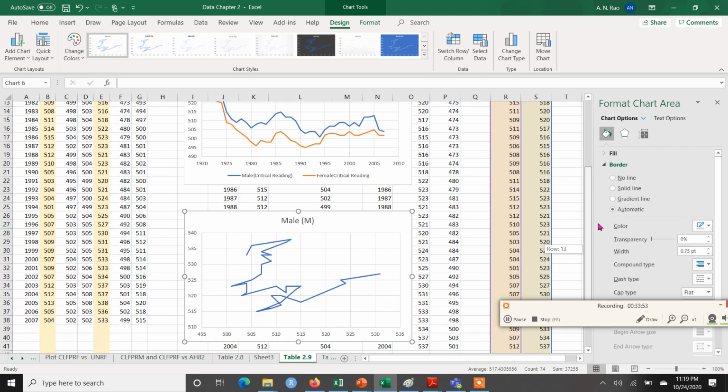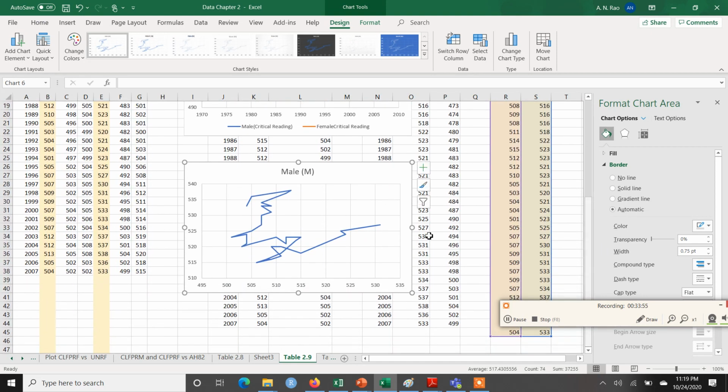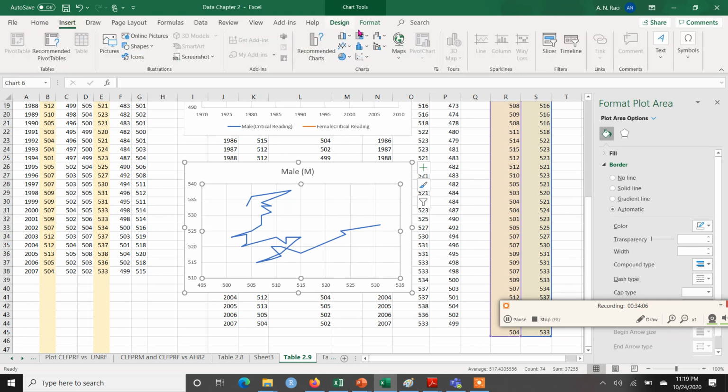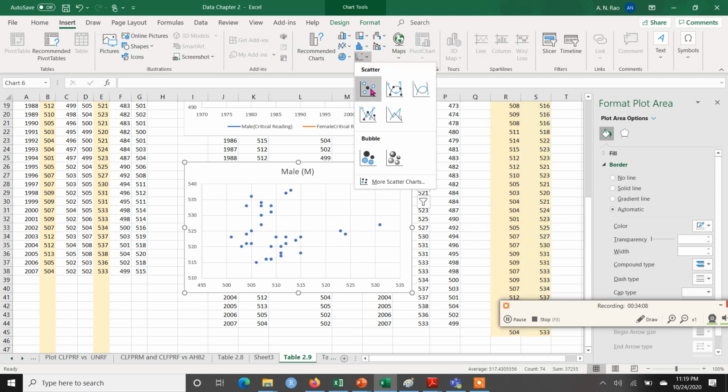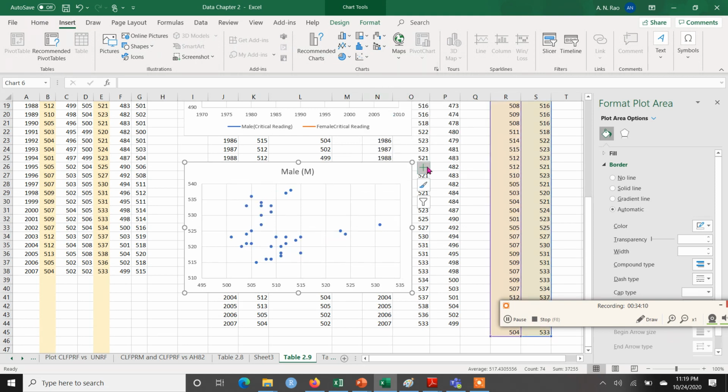Now, by the way, if we were to explore the relationship between two variables, instead of these solid lines, maybe we should have chosen this type, yes, this type, and we could add the trend line from here.